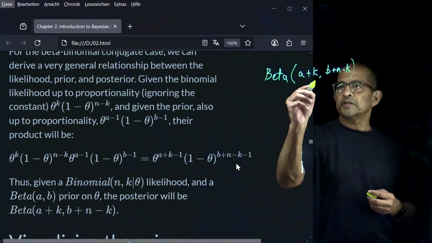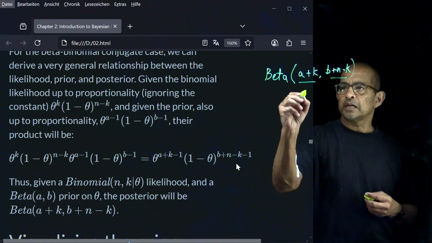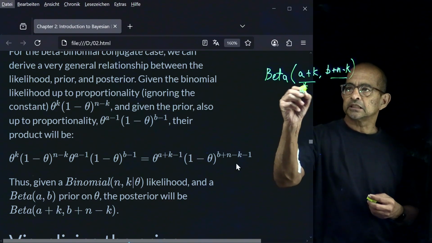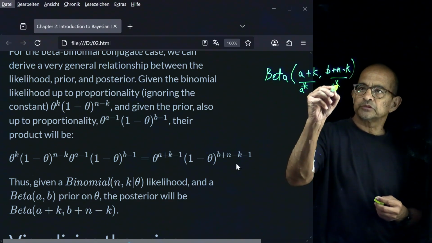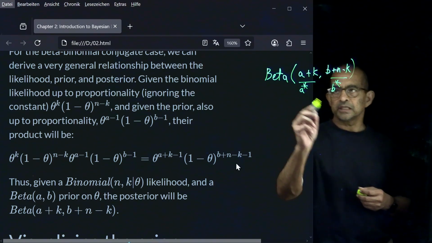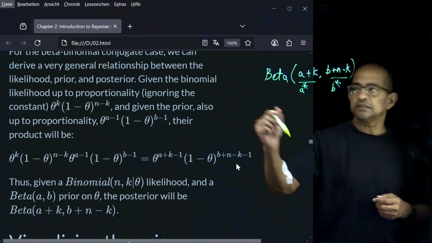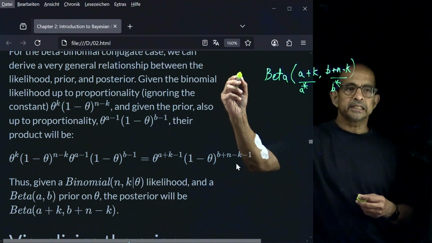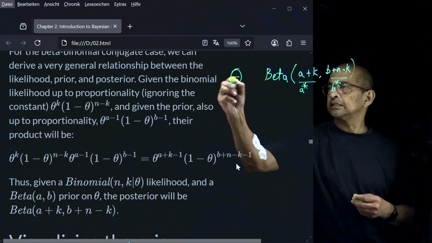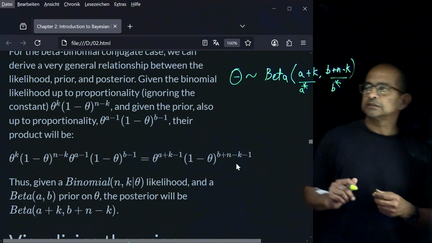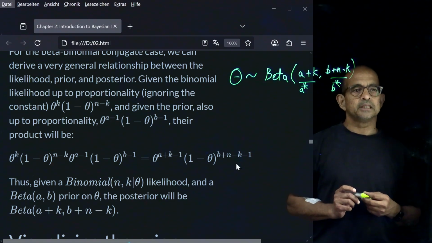So these are my new a and b parameters, what I was calling a star and b star to distinguish them from a and b. These are my updated parameters, and this is the posterior of theta. Formally, I could write it like this: my new theta is coming from a beta distribution with these updated parameters.